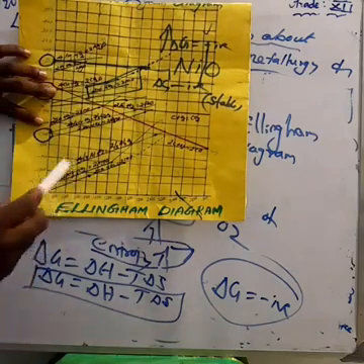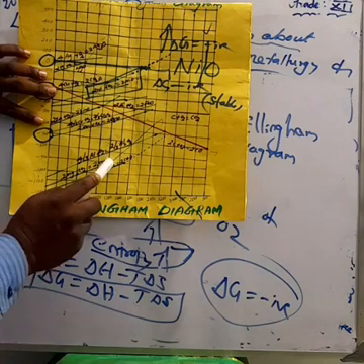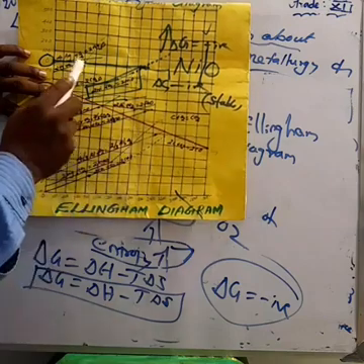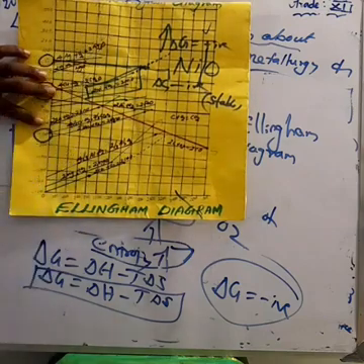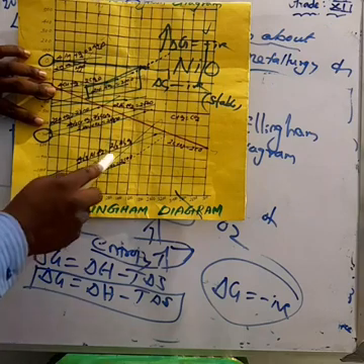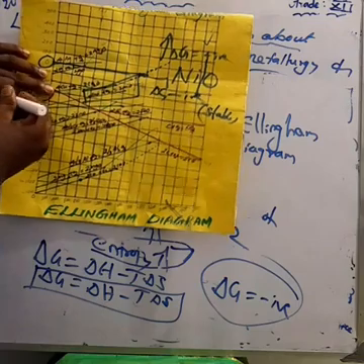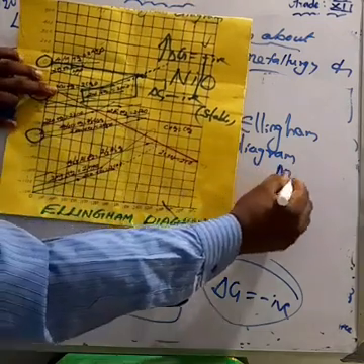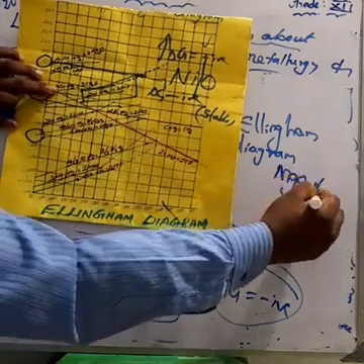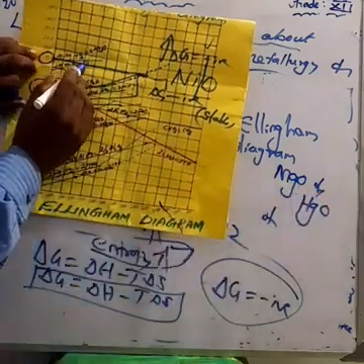Due to the phase transition, there is a sudden change in the slope at a particular temperature for some metal oxides. Which are the metal oxides? Example, magnesium oxide and mercury oxide.